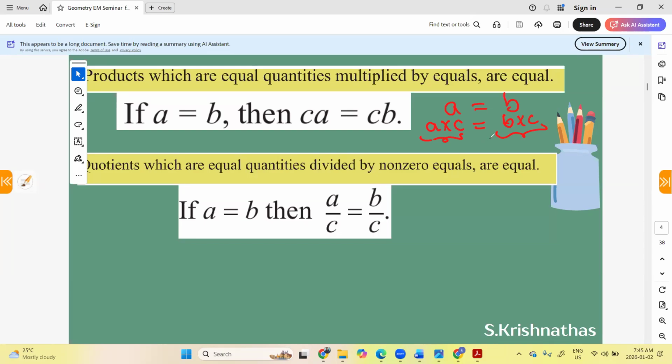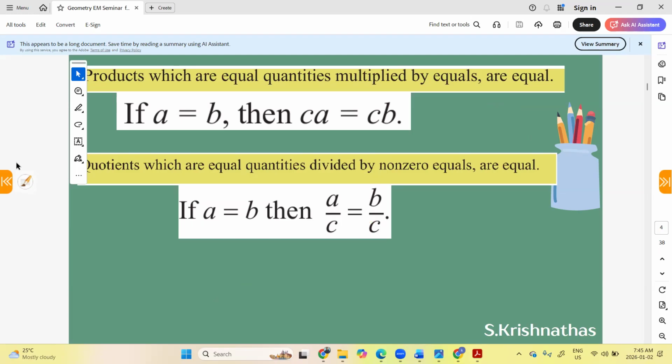The quotients: equal quantities divided by non-zero equals are equal. Non-zero means C is not equal to 0, right? You can divide by any other number. So if A equal to B, then A divided by C equal to B divided by C. These are the basic things about axioms.